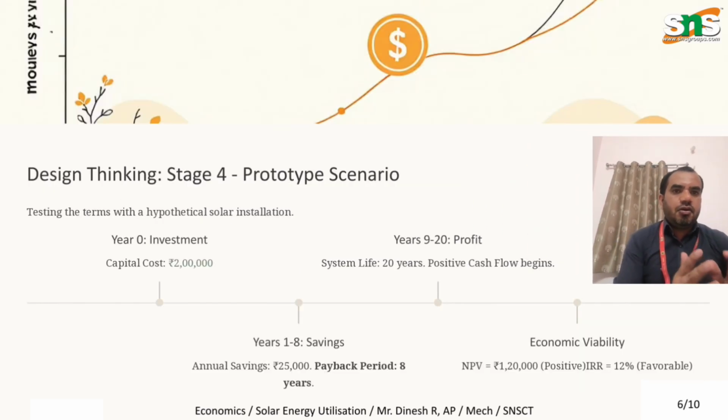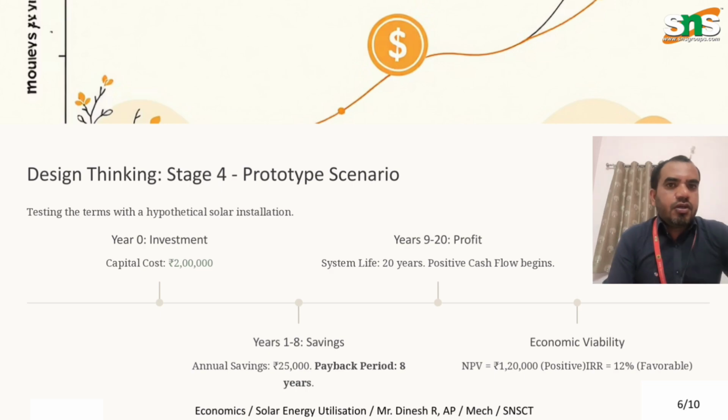So this is the prototype scenario. In this prototype scenario, we test the terms with a solar installation. It's practically a small experiment. At year 0 the investment, the capital cost, is, for example, 2 lakhs. Years 9 to 20 bring the profit; the system life is 20 years, for example, and the positive cash flow begins.